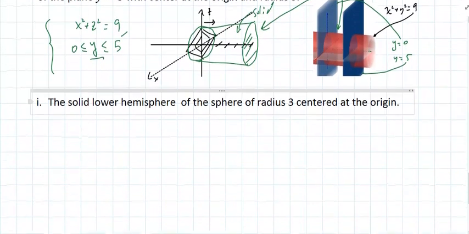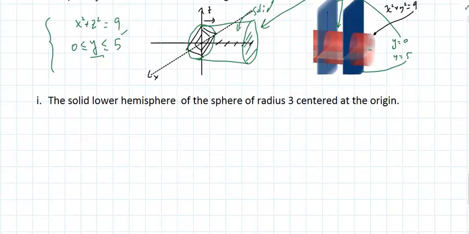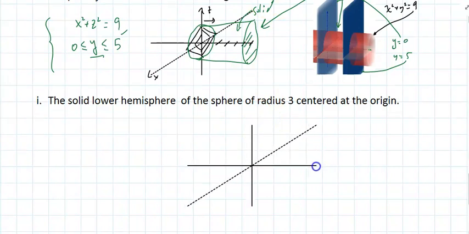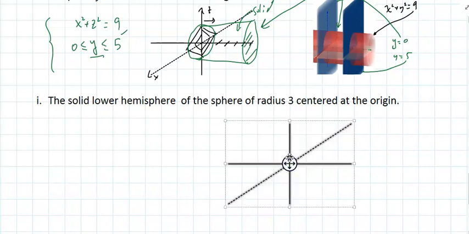And what if I wanted the solid lower sphere centered at the origin with a radius of 3, then what I really want is the lower half.